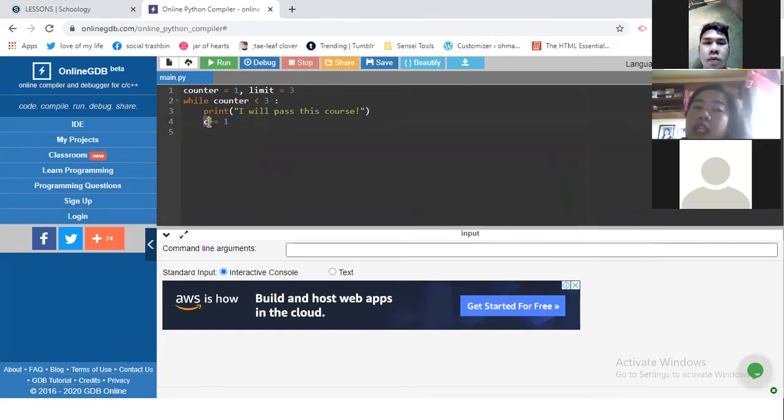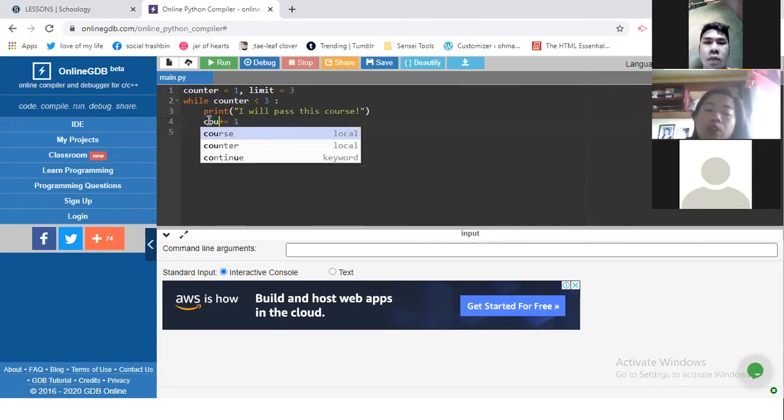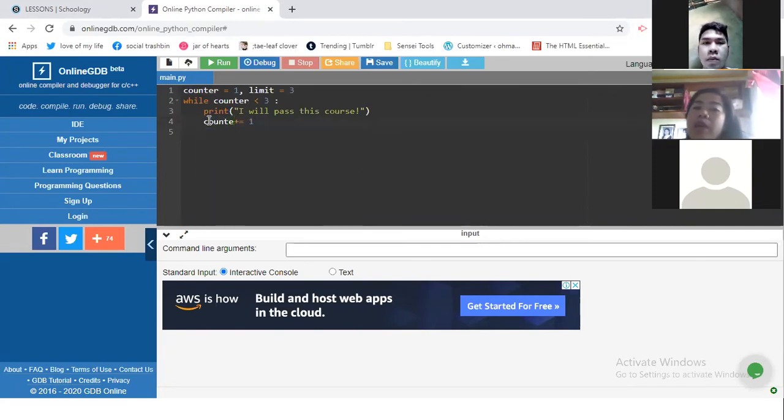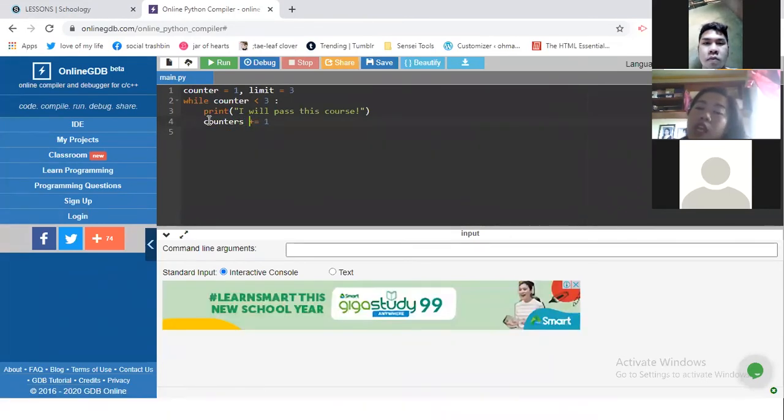Ang tinutukoy kasi natin nadadagdagan ng 1 dito is yung counter. So dapat magkatulad sila. Kapag mayroon kang iniba rin na spelling dyan, dinagdagan mo ng S, iba na. Hindi niya makikita yung original na counter variable. Kahit na ibahin mo lang yung caps lock niya, iba na yan. So dapat as is magkatulad.